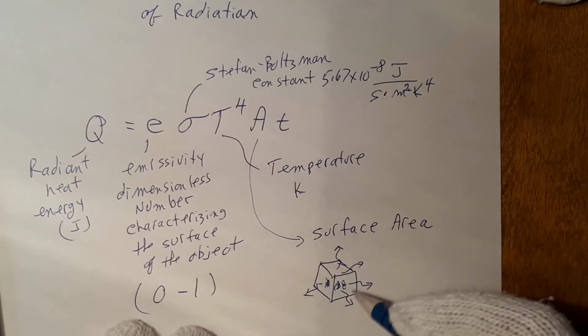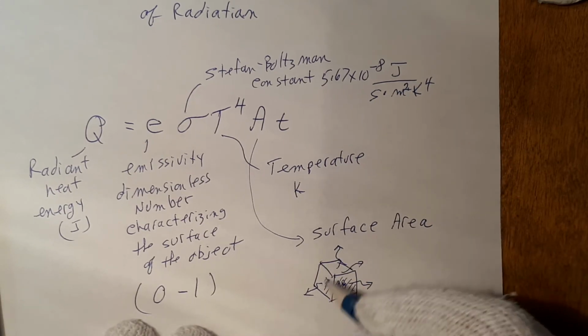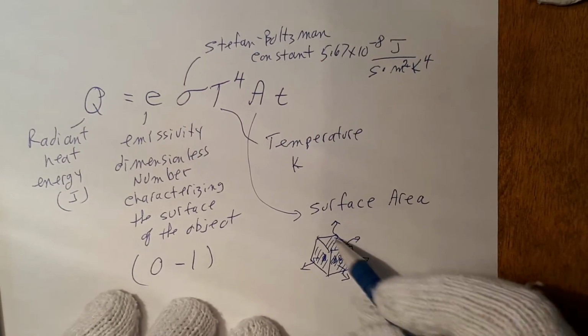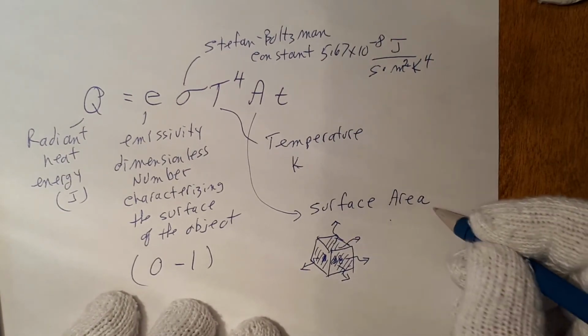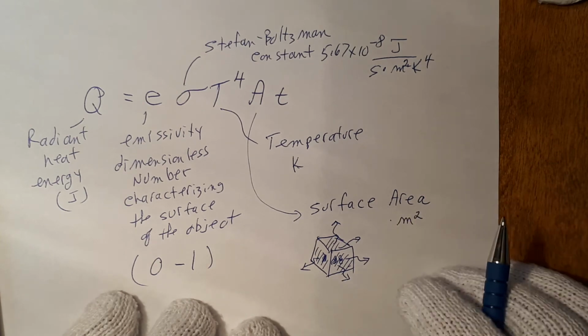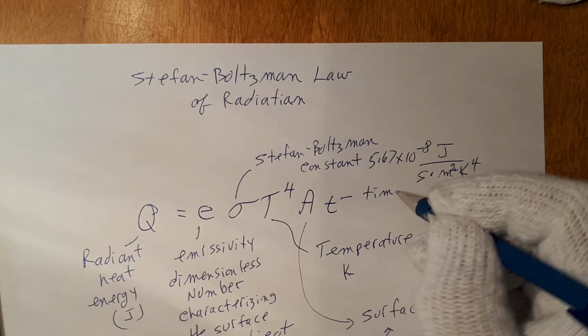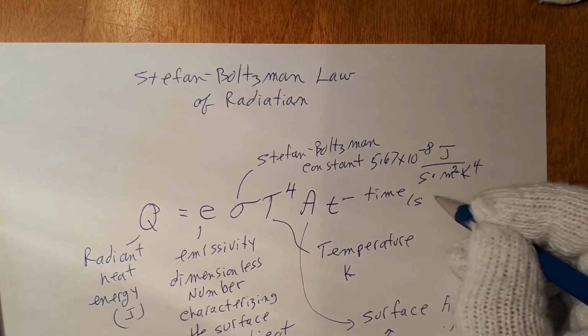Therefore, this area is that surface plus that surface plus that surface, one in the back is there, all the way around. It is the surface area, and that will be in meters squared. And little t is time in seconds.